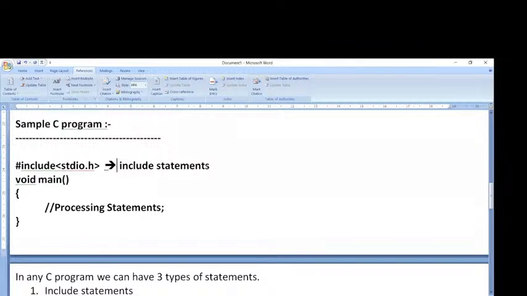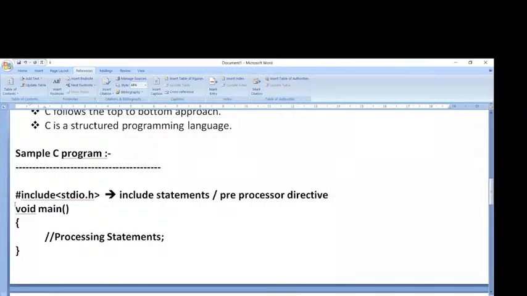What is the meaning of compile? See, the program you write is in English, am I right? Computer cannot understand English. Computer can understand only the language that is 0 and 1. It cannot understand ABCDs, void, main. Then what to do?